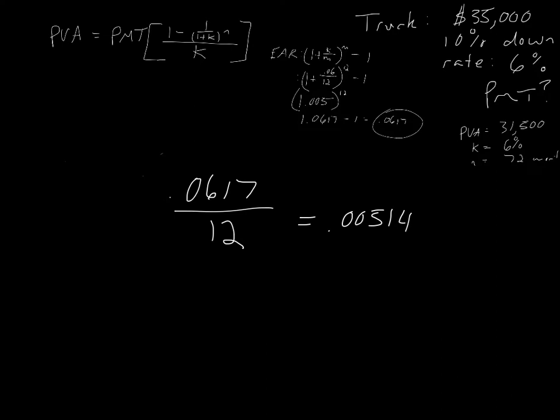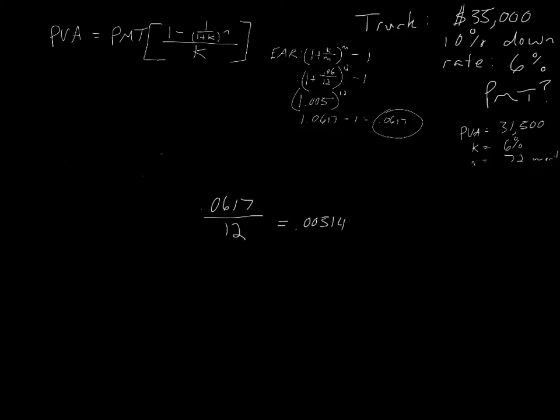Okay, so here's the rate we're going to use, the 0.00514, which again gives us just a little bit extra here to play with and gives us a more accurate calculation. So let me go ahead and just push that off to the side. We're going to remember that we're going to use that 0.00514. Alright, so now let's get back into our present value calculation.